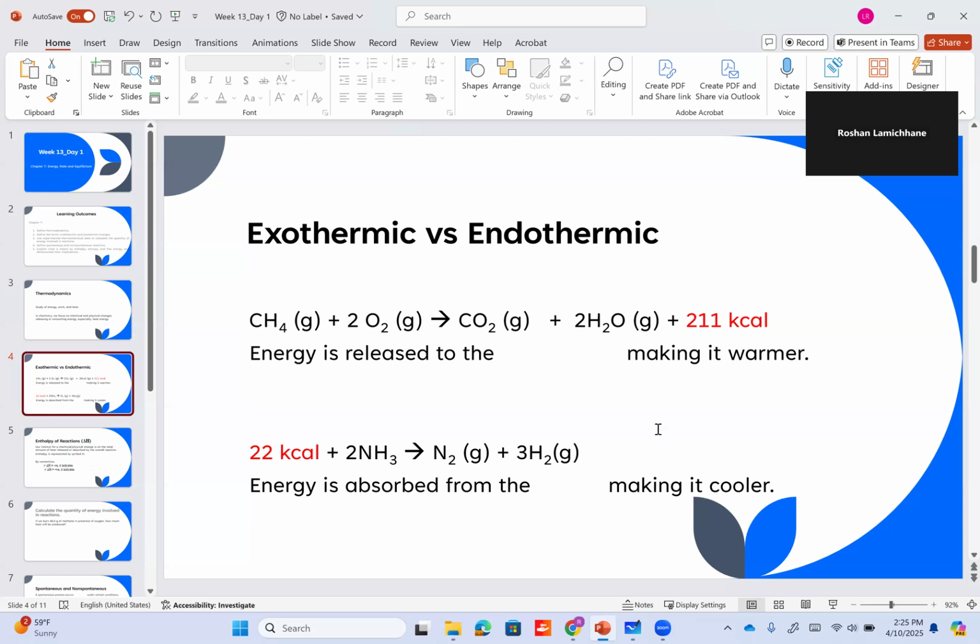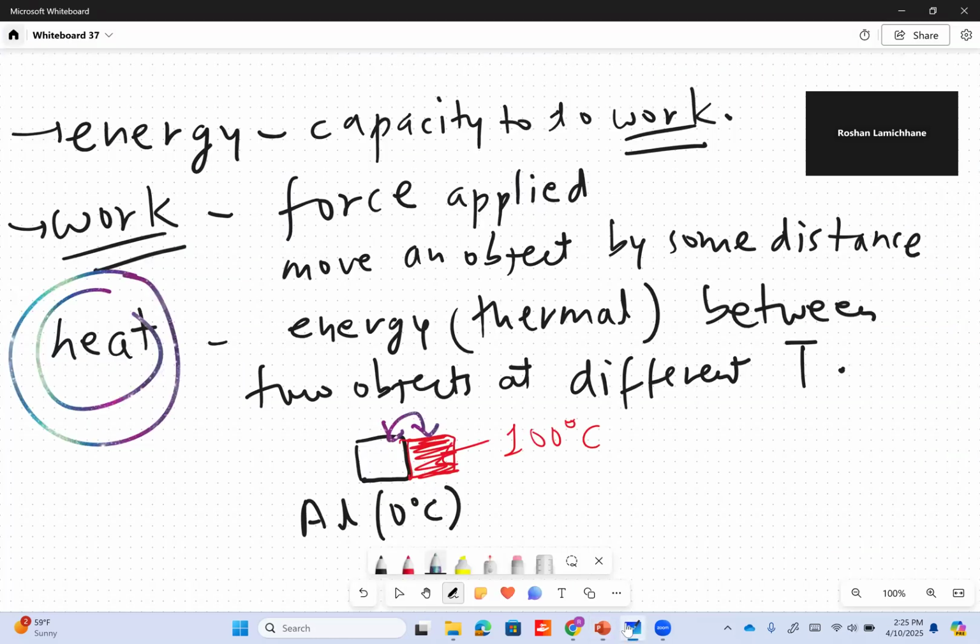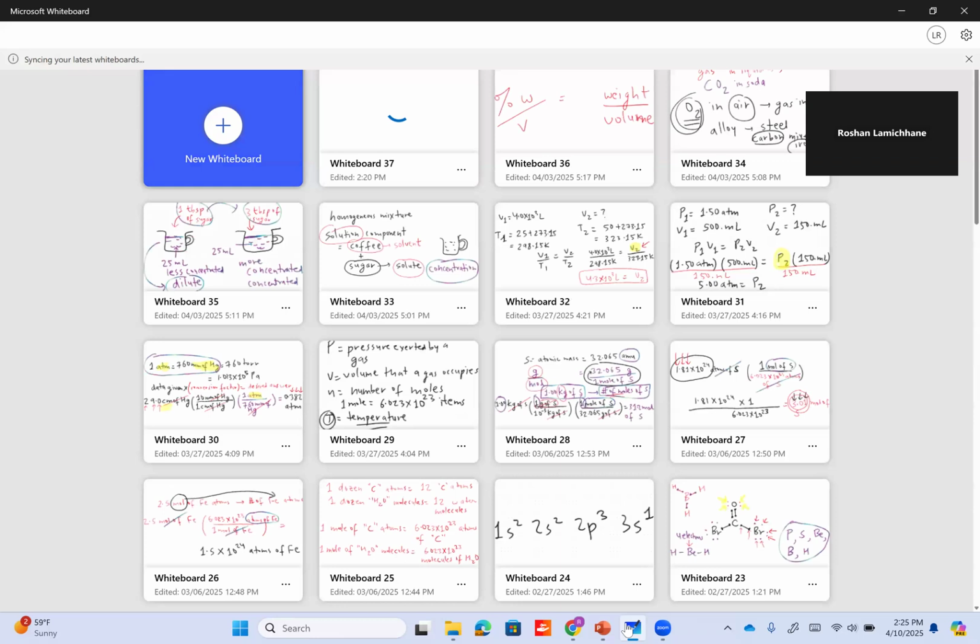All right. Now, whenever I say surrounding, just to keep in mind, an easy way to think about this is, let's say I run a reaction in a box. I'm going to run that reaction that I just showed you. It's going to happen in this box. Then this is going to be called my system, where the reaction is happening.